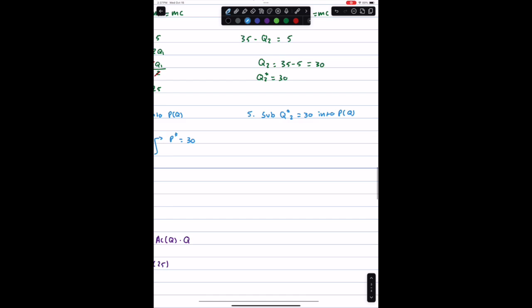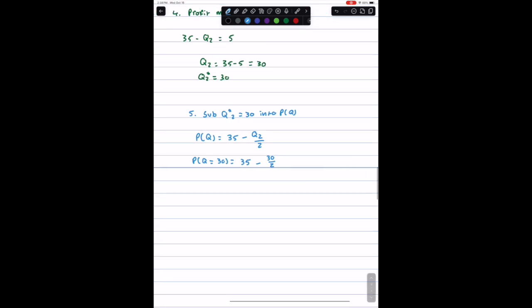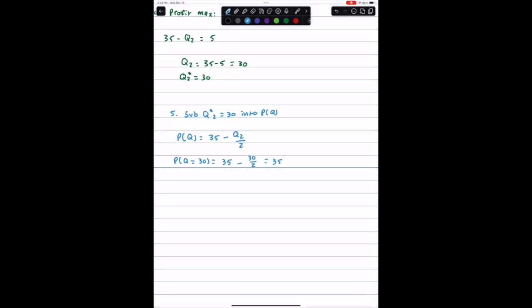So we know P of Q at Q equals 30 is going to be equal to 35 minus 30 over 2, which is equal to 35 minus 15, which is equal to 20. So we know that P star 2 is equal to 20.